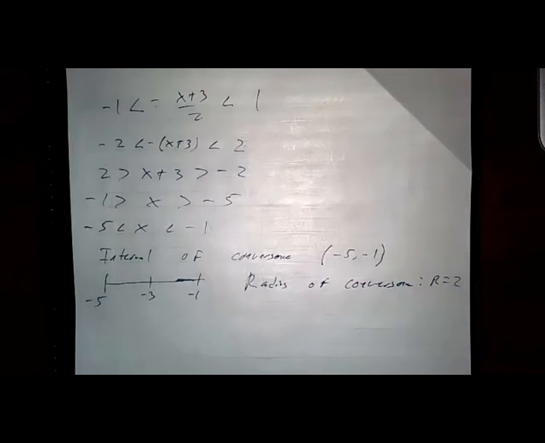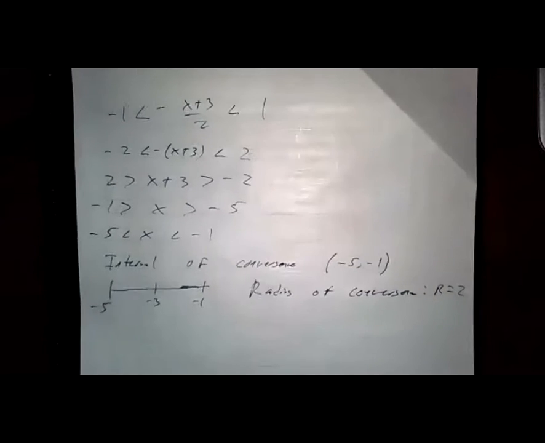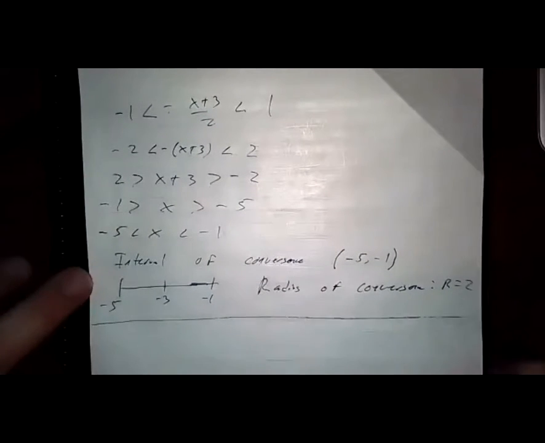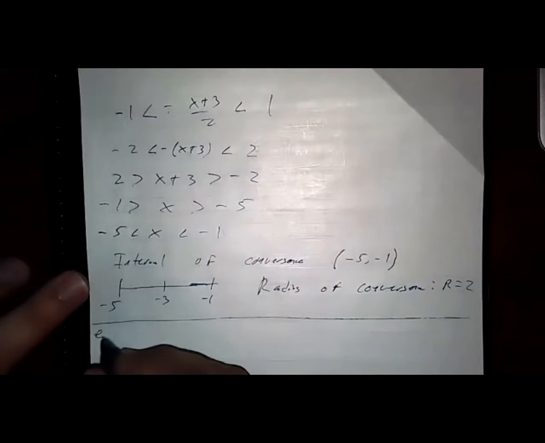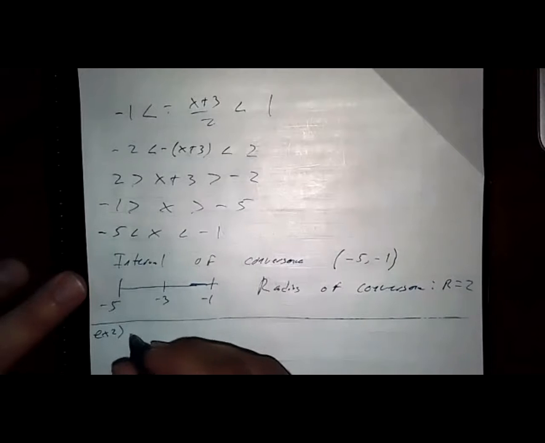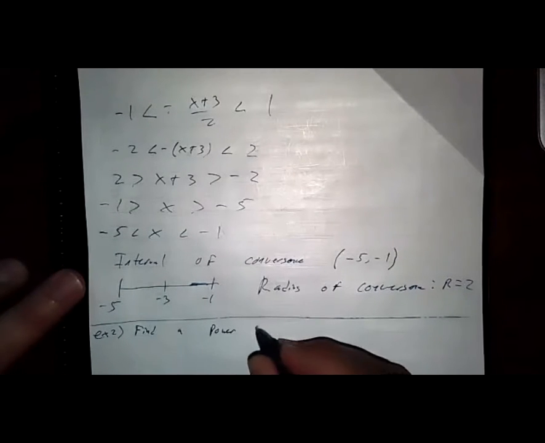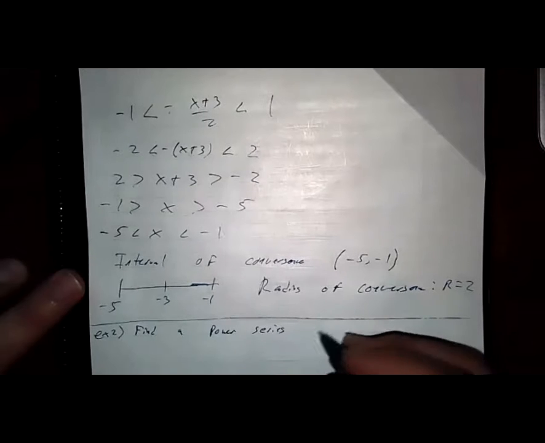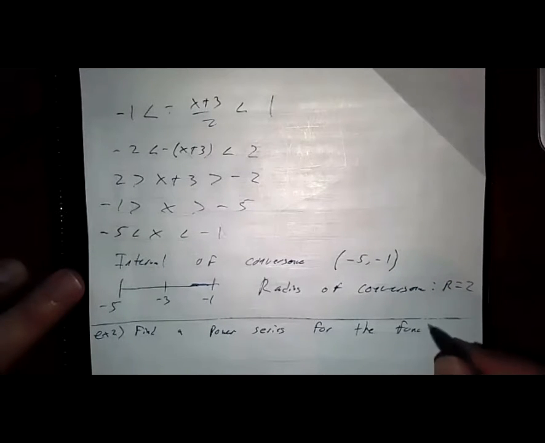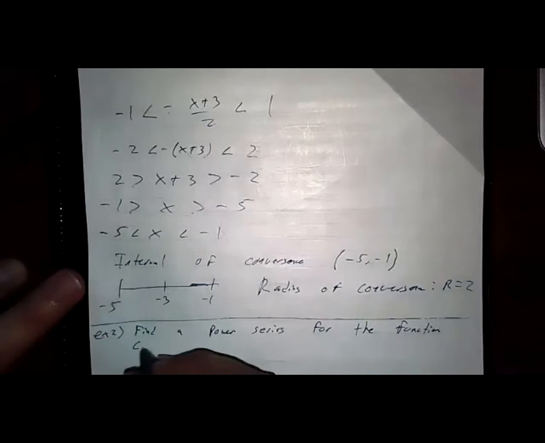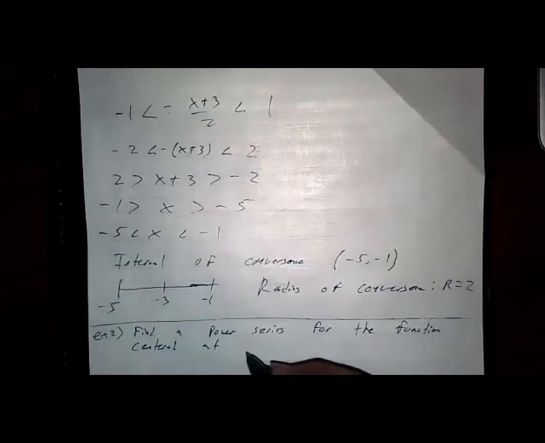Right, let's do an easier one. I feel like we started with a hard one. Here we go. So here's the idea one more time. Find a power series for the function centered at c.